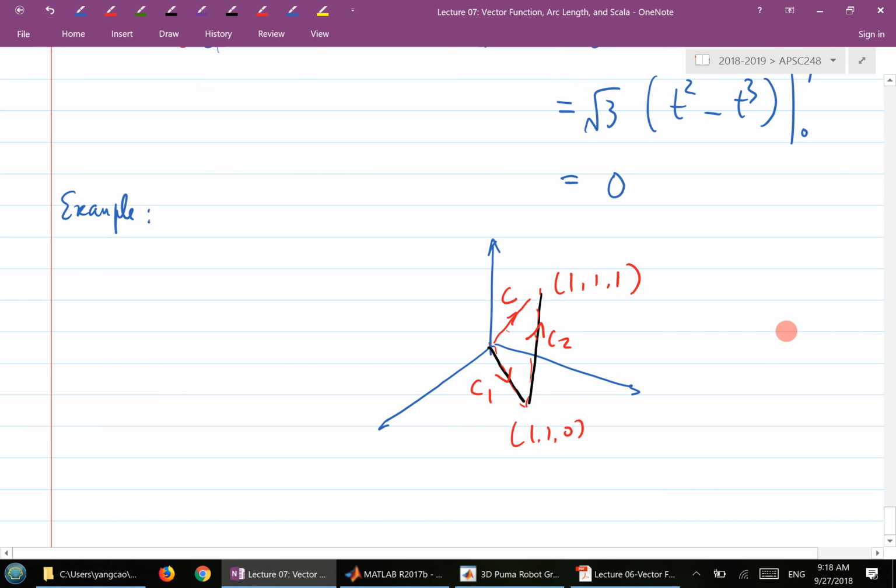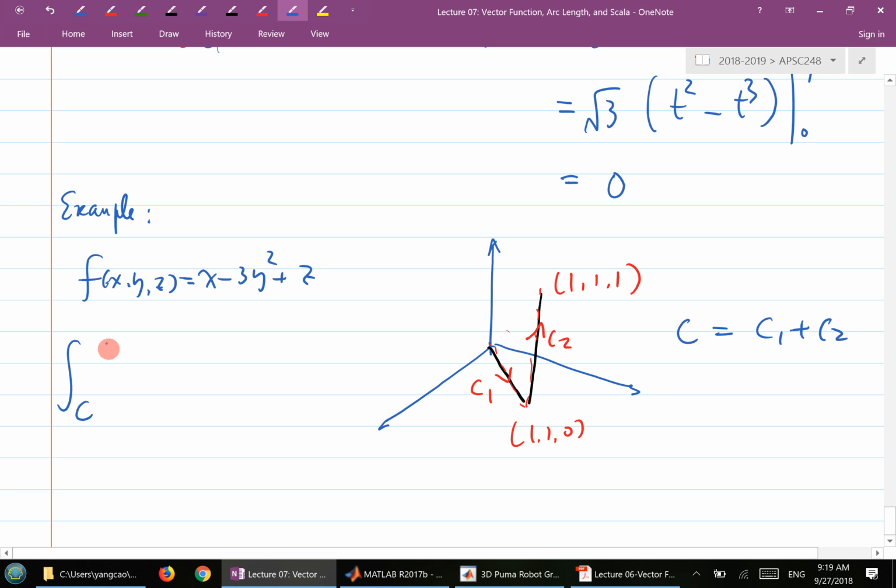And we're going to use the same function f of x, y, z. And I want to integrate, so this time I will remove the C here. So this time you see this curve C. Literally it is actually C1 plus C2.